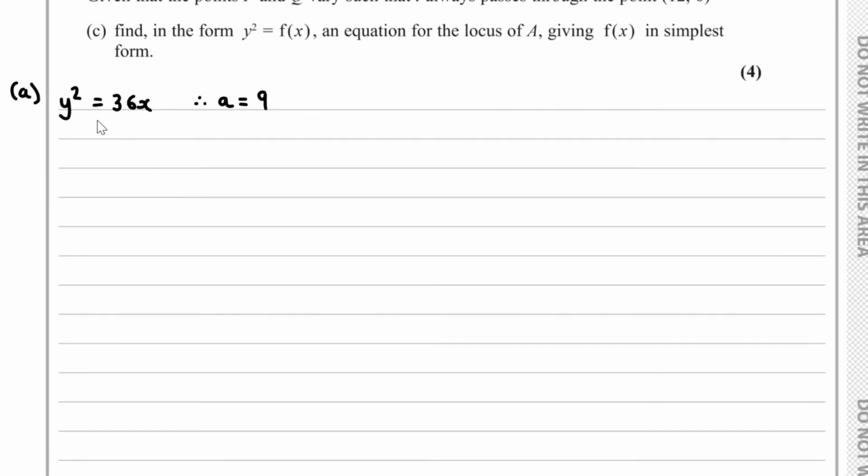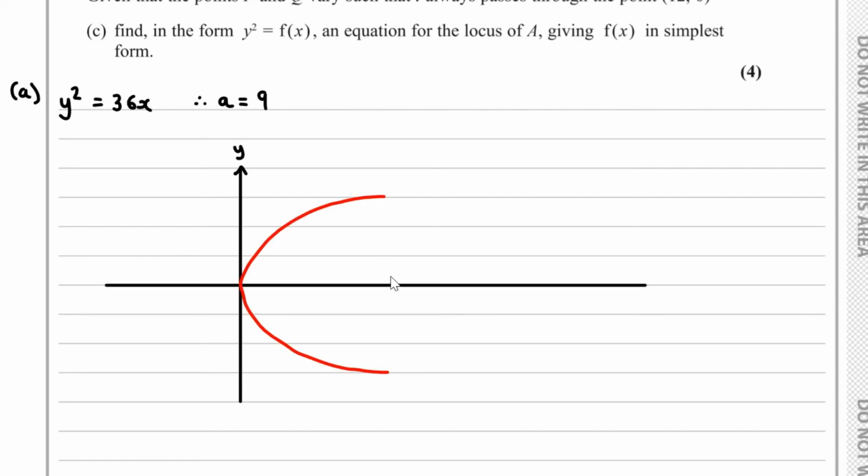So now what we will do is sketch the graph of y squared equals 36x. So here is the graph of y squared equals 36x, and if we have some point here, we'll call this point here S. Well, S, which is the focus, would have coordinates 9, 0.